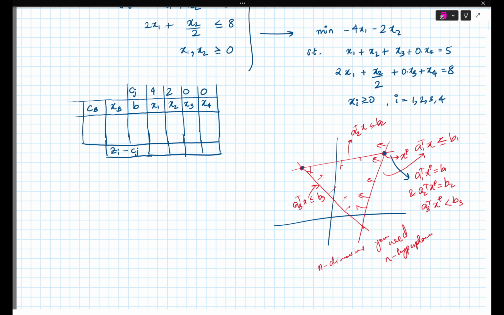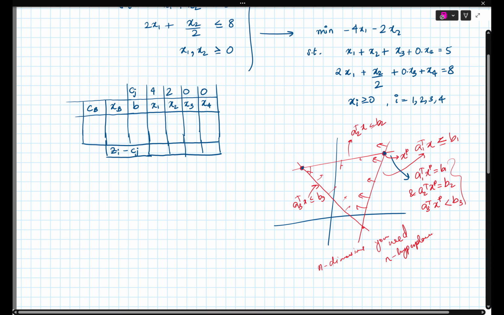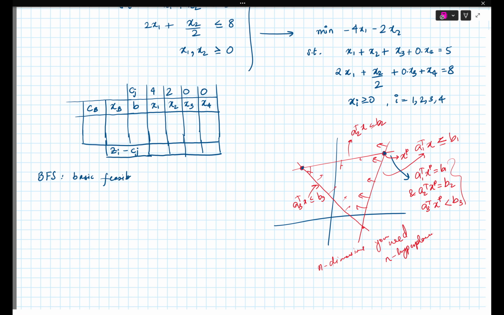Same thing you can do with the others. So this is the kind of condition that is used to find the first point, and that point, which is a corner point, if you recall from the lecture, is called BFS, that is basic feasible solution. Okay.